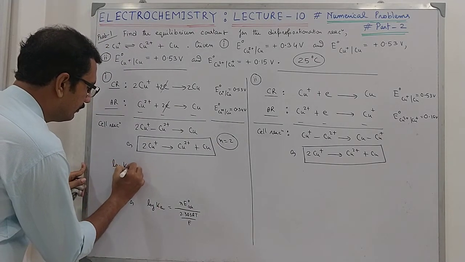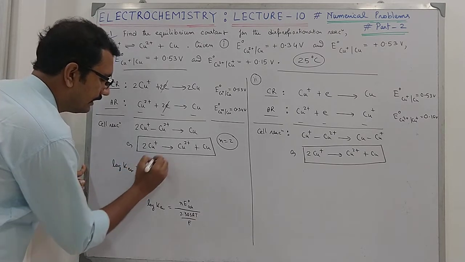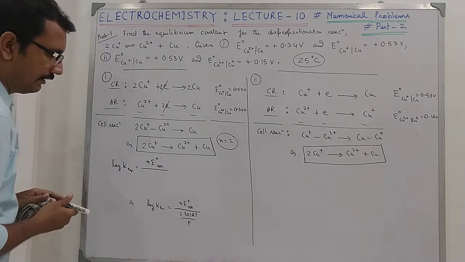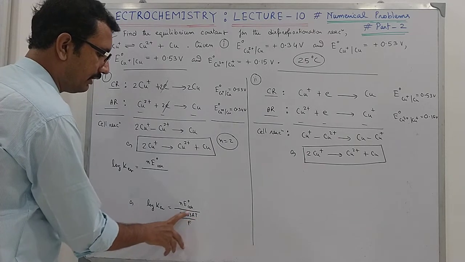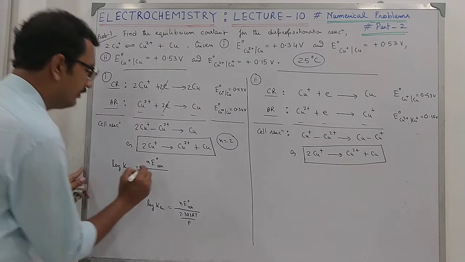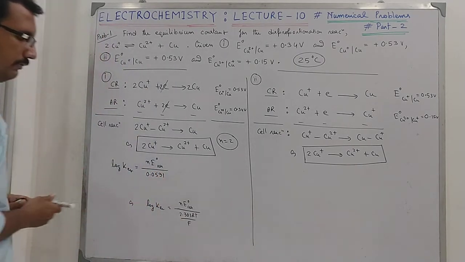Now log K equilibrium equals n E0 cell. Now see, at 25 degrees centigrade, this 2.303 RT by F expression will be 0.0591.